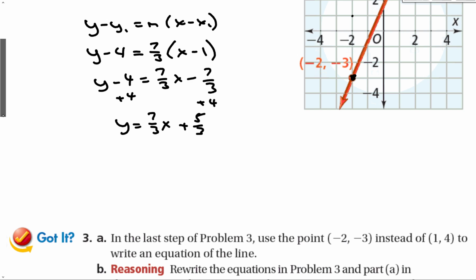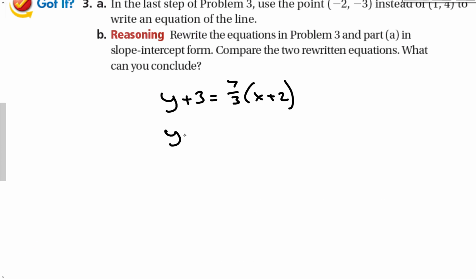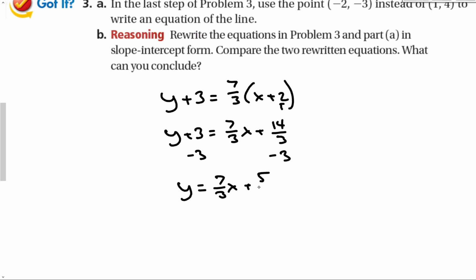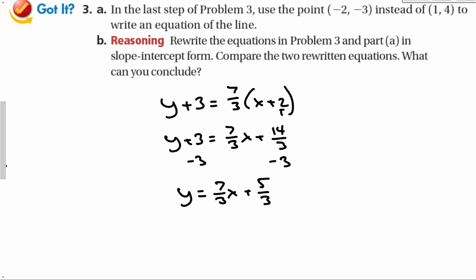Okay, let's go down here. And the same thing. y plus 3 is equal to 7 over 3x plus, and this is 2 over 1, so that becomes 14 over 3. Subtract 3 from both sides, and we get y is equal to 7 over 3x plus 5 over 3, okay, which is the same.